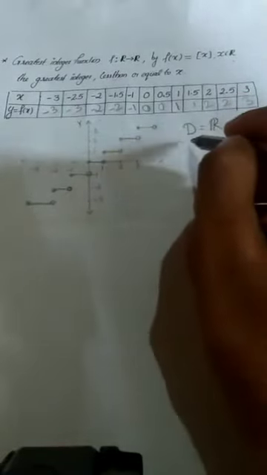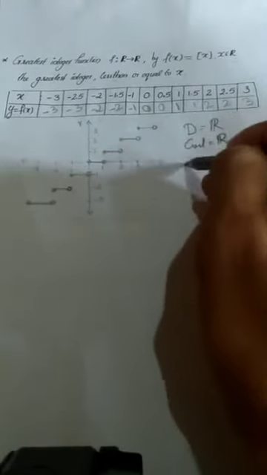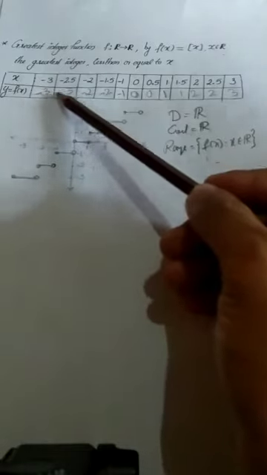So the domain, there is no doubt, is R. The codomain is again R. What is the range? The range is equal to the set of all f of x such that x belongs to the domain. Look here: what is f of x? Minus 3, minus 2, minus 1, 0, 1, 2, and so on.